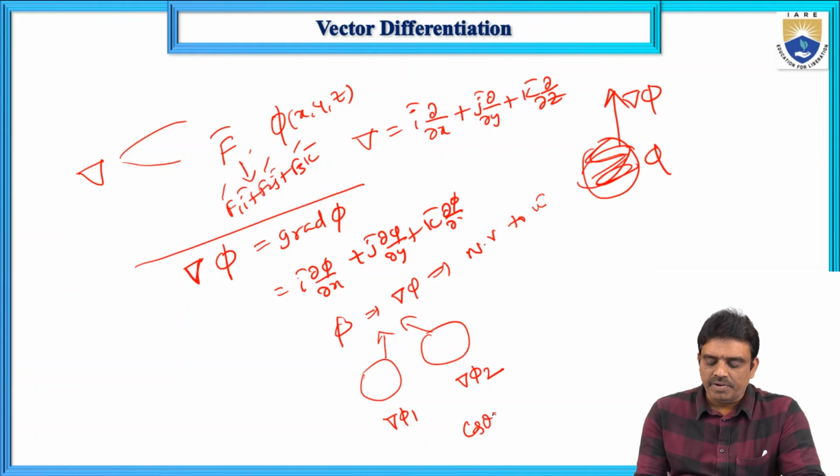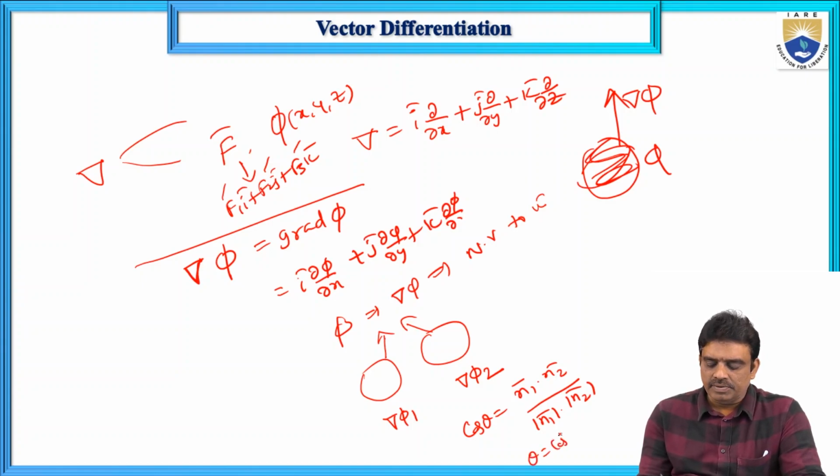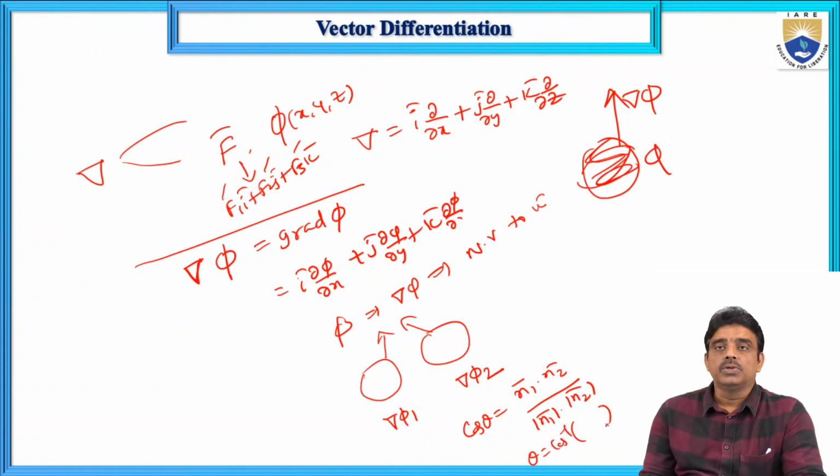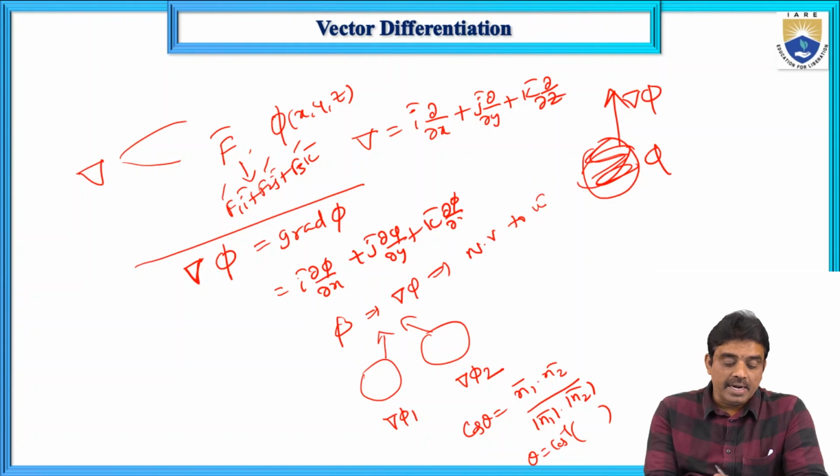Then cos theta is n1 bar dot n2 bar by magnitude of n1 bar into magnitude of n2 bar. Then theta is the cos inverse of this function. So using the gradient, you can find the angle between surfaces, and you can find the directional derivative also.